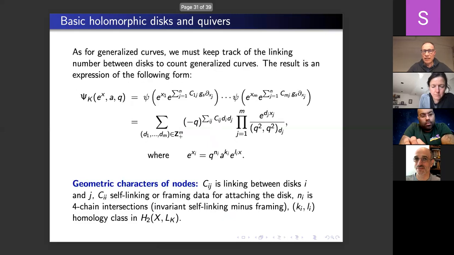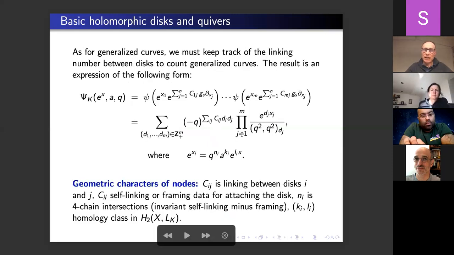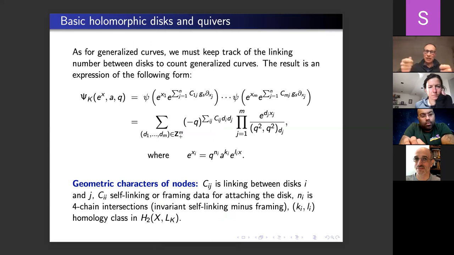And the answer is that they combine by the linking number. So if we take a matrix C_ij, where C_ij is the mutual linking number between disk number i and disk number j, then we can compute the contribution to the total curve count.